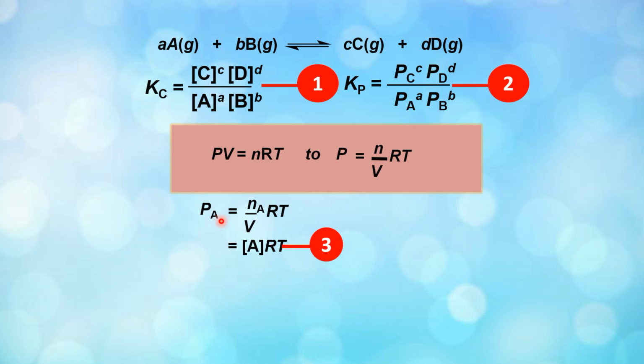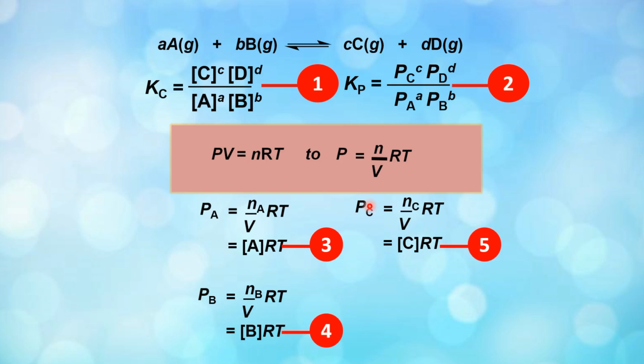So Pa = [A]RT, equation 3. Pb = [B]RT is equation 4. Pc = [C]RT is equation 5. And Pd = [D]RT is equation 6.